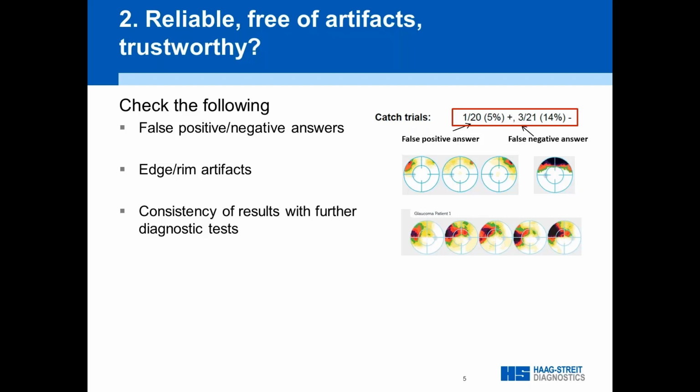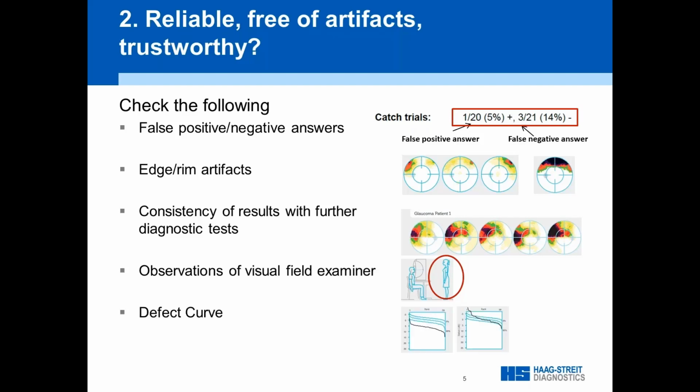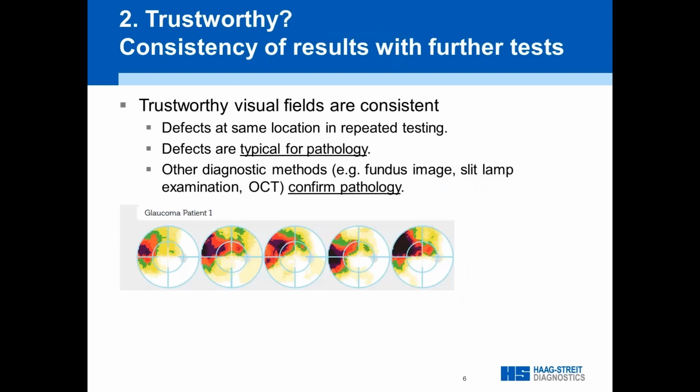So does it make sense from your whole clinical point of view? But also, are the fields repeatable or not? If you have them, observations of a visual field examiner can be really helpful. Something like, the patient was really nervous today, the patient hadn't slept well, and then you get a really strange field, and that would tell you something. And the defect curve, which I'll get to, will also give you hints of an unreliable field.